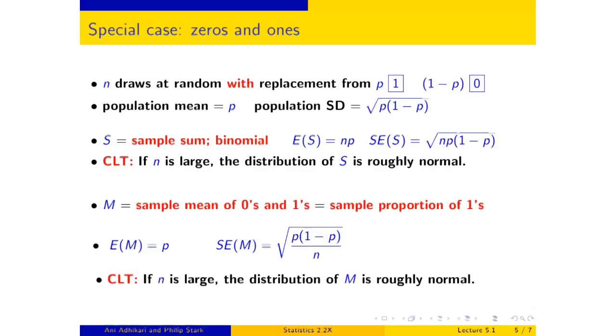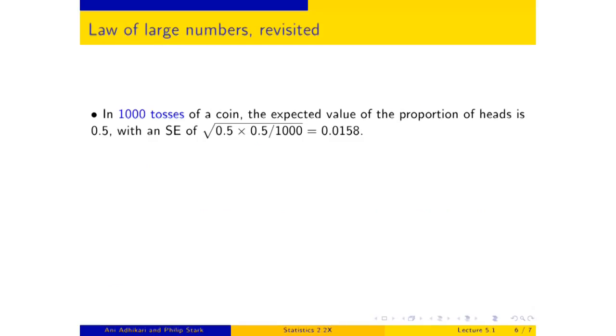So how does this affect us in calculations? Well, let's take a look at something we said before in the law of large numbers. I'm going to look at 1,000 tosses of a coin, and I'm going to look to see what proportion of heads I get. No surprise, I expect to get half heads.